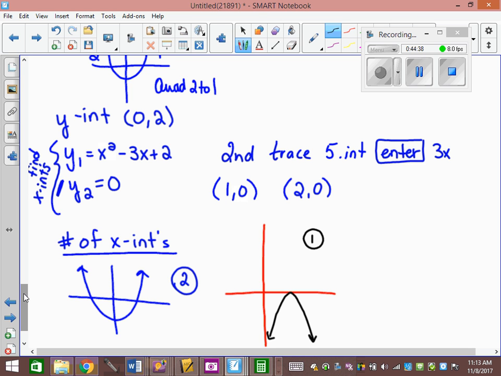Are there any other options? No x-intercepts. What would have to happen in order for that to happen? It either stays up top or it goes below. So it's either way up here, or you could have a concave down one that never touches it, right? So 0 x-intercepts.